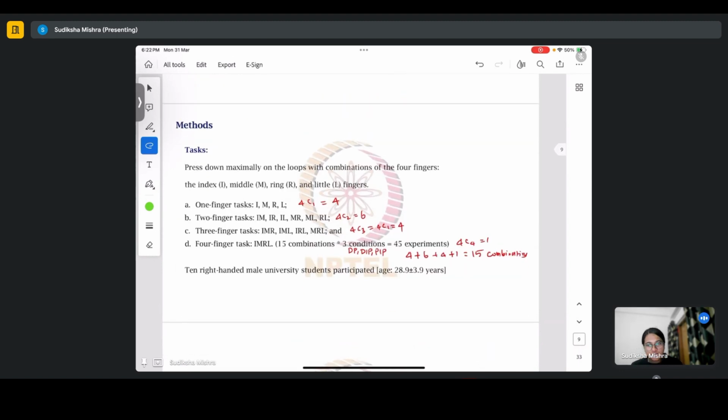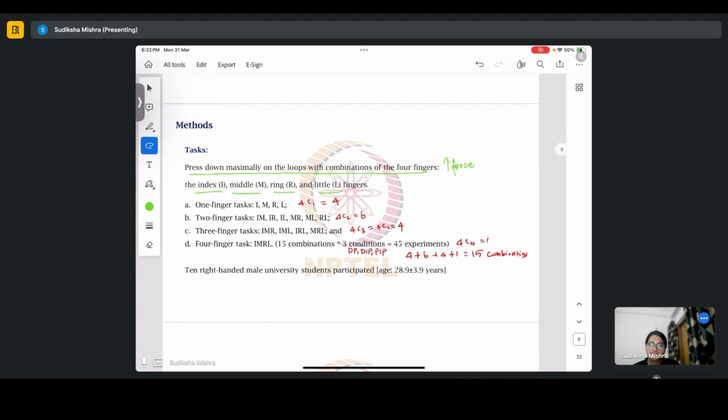The task was to press down maximally on the loops with the combination of four fingers, the highest force produced: index, middle, ring, and little finger. Since the thumb does not participate in enslavement effects, it is not considered in both of these papers.